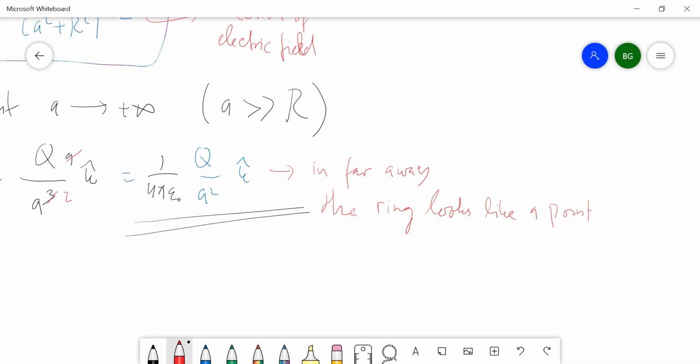I still don't understand, sir. Can you give us an illustration? So for example, the ring, for example, if the ring is in your hand, the shape of this body is a ring, okay?